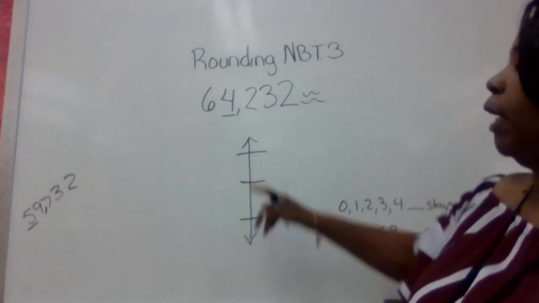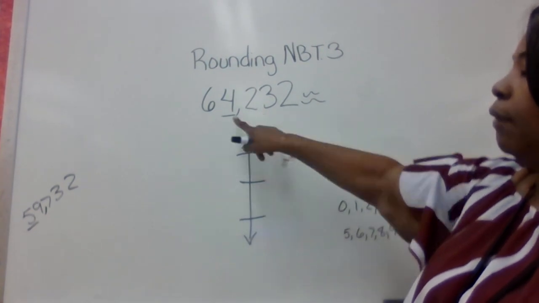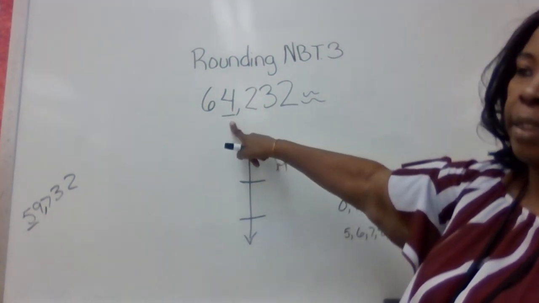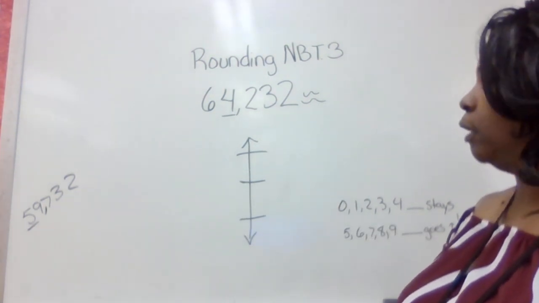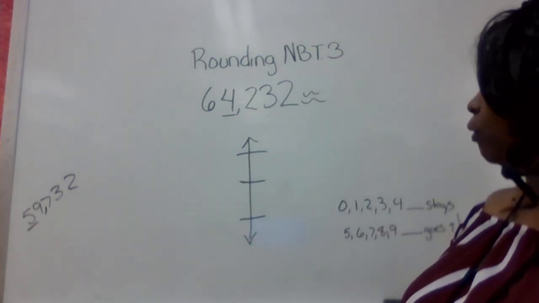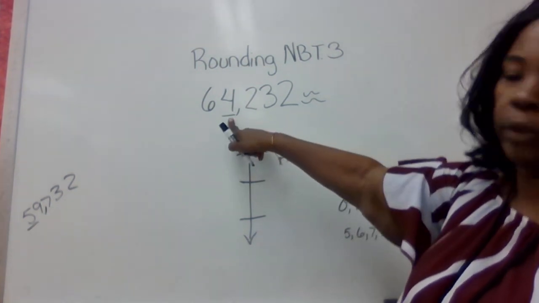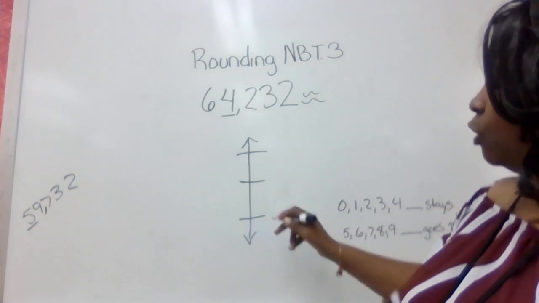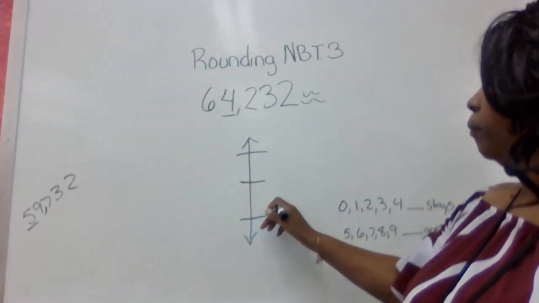So the first number we have is 64,232, and the 4 that's in the thousands place is the number that we're rounding to because that's the underlined space. So for the vertical line, they know that they're going to keep the underlined digit. Okay, so the 6 is not affected because it comes after the 4.